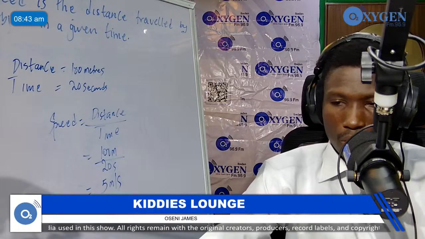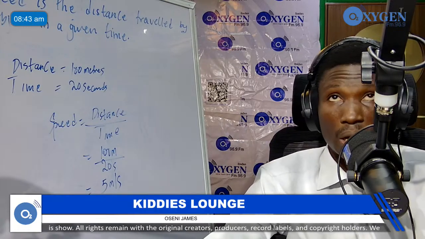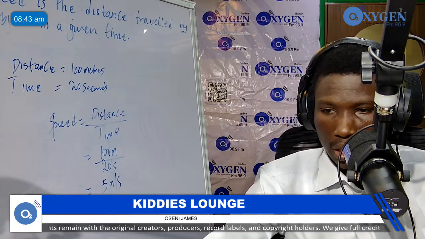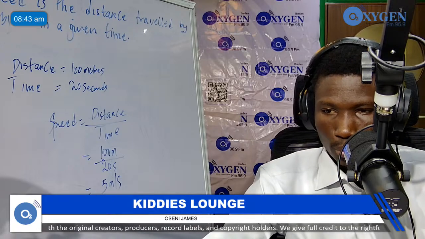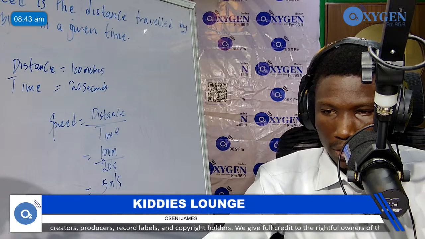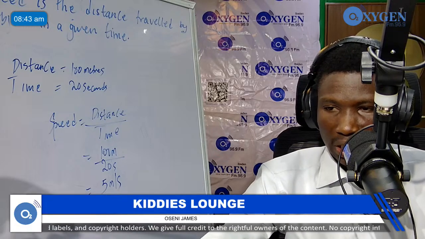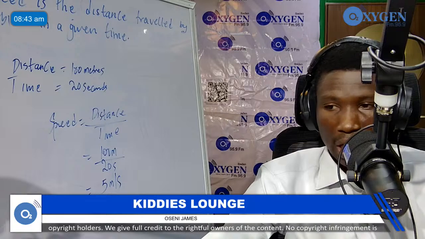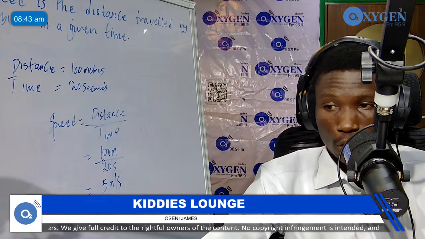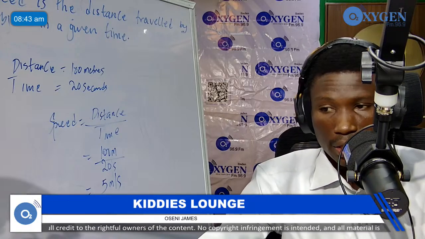So far, we have talked about the definition of speed. Speed is the distance traveled by an object in a given time.